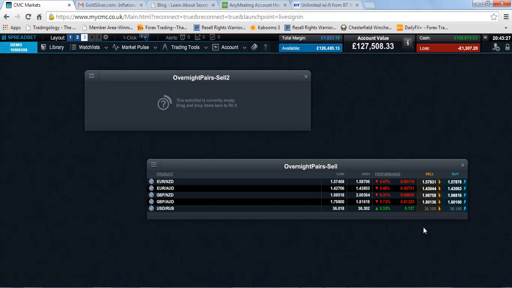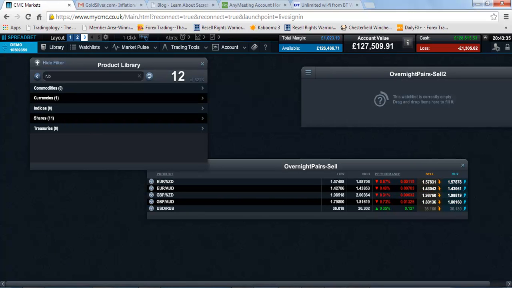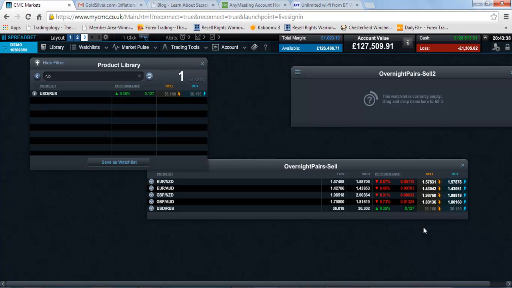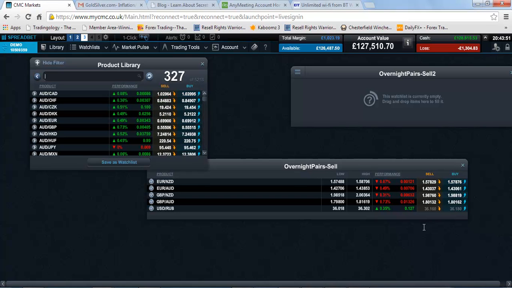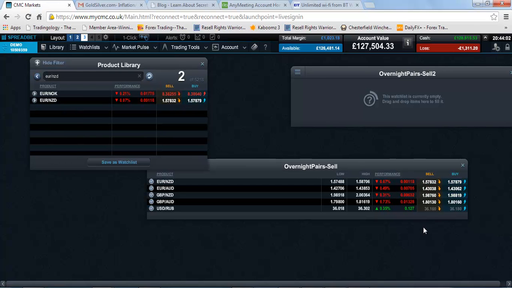Okay, so now if you go to your library, these are the 5 currency pairs I'm going to go over with you. The first one is Euro, EUR, New Zealand dollar, NZD. Euro NZD.